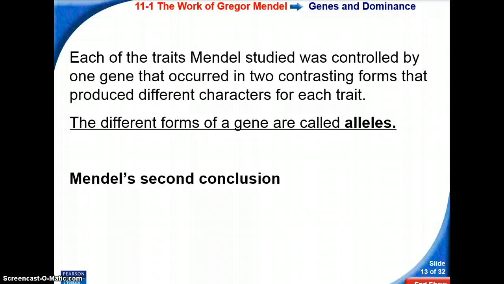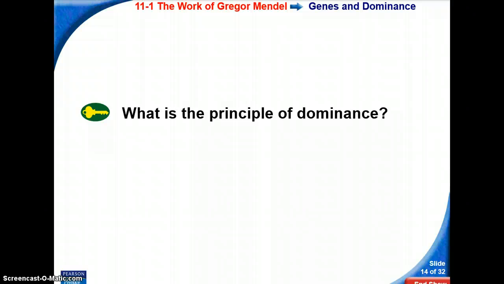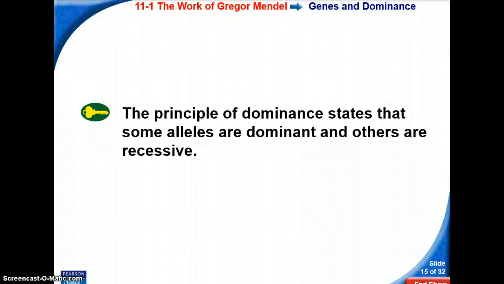The second conclusion that Mendel came up with was called the principle of dominance. And your first key concept question in your notes states, what is the principle of dominance? The principle of dominance states that some alleles are dominant and others are recessive.